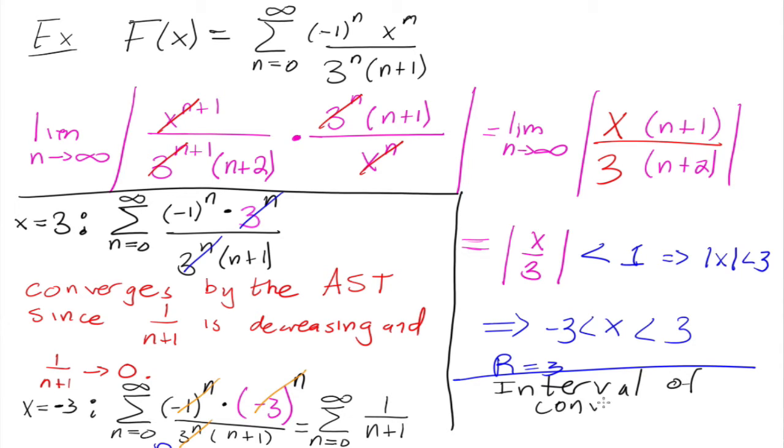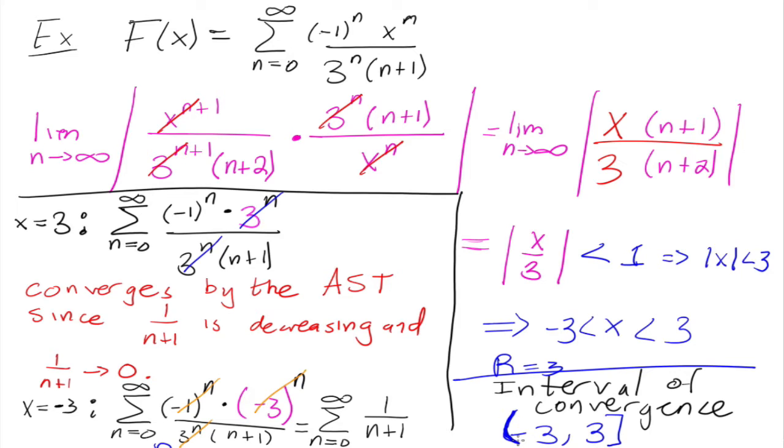So the interval of convergence is from -3, not including -3, all the way up to 3, including 3. So what do you guys think? Thumbs up?